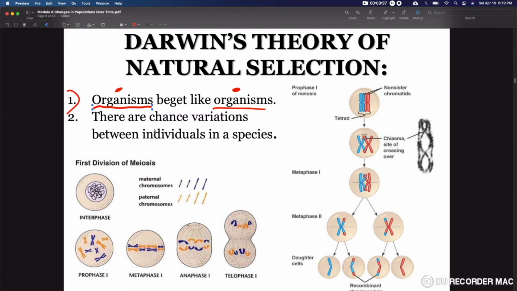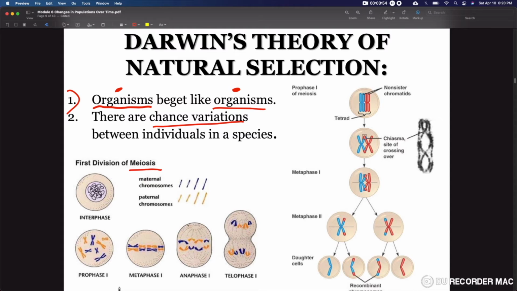Because organisms will produce the same organism. But there is this chance variation within your species and between species. There is this variation that is always happening. Because remember, from our meiosis, we have the crossing over, right?